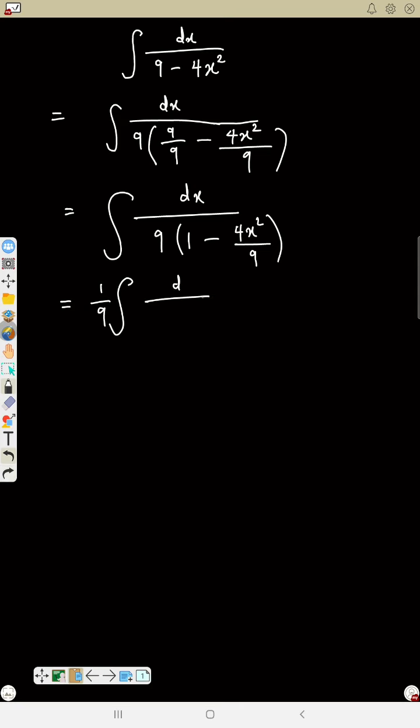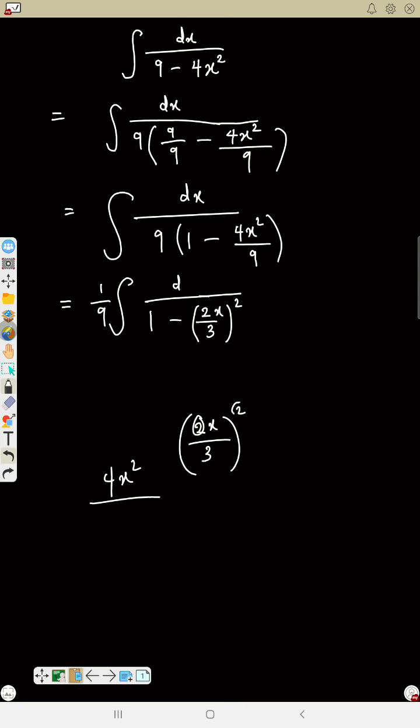Then ds divided by 1 minus, now this is the same thing as 2s over 3 all squared. How? Because if this square should affect everything, in 2s over 3 squared, 2 squared will be 4, that will be 4s squared, because the square will affect s also. Then 3 squared will be 9.